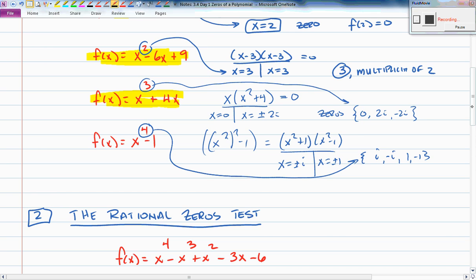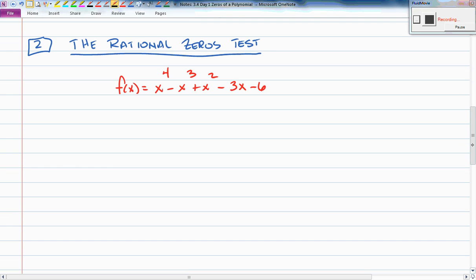Okay, so let's talk about the rational zeros test. Some of these zeros that we're looking at here, or roots, are going to be rational. And the best way to describe it is to sort of look at an example here. So I have some polynomial function. So a 4th degree polynomial function, so I could have at most 4 zeros.